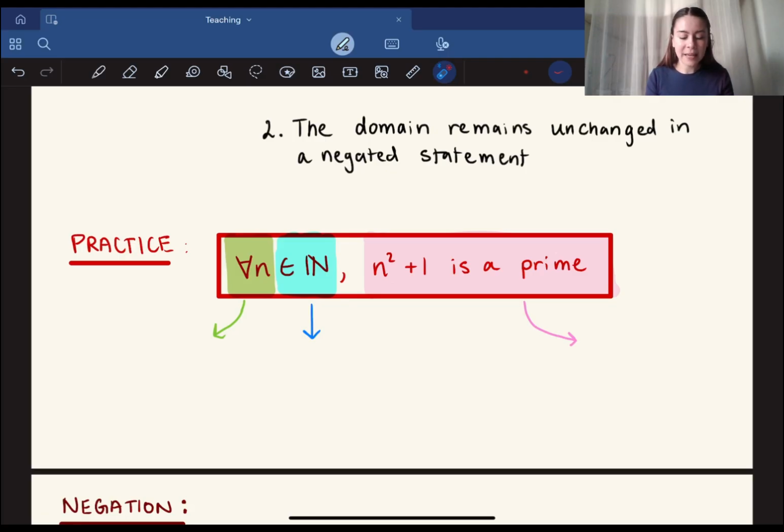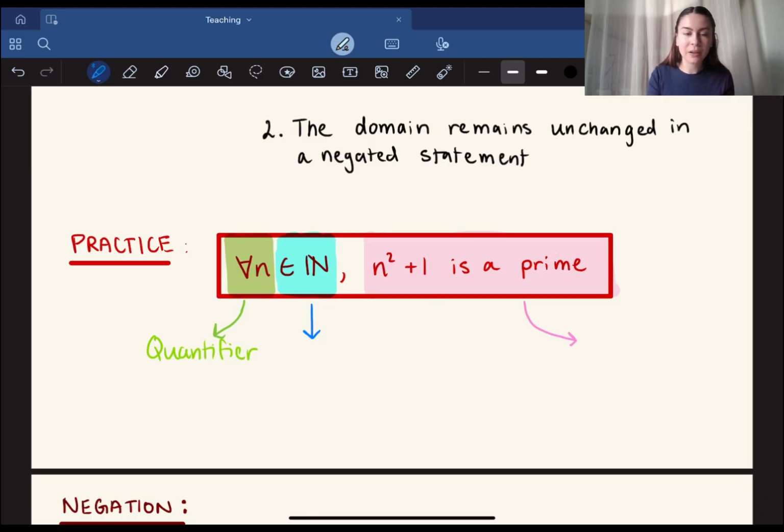So the statement is saying for all natural numbers n squared plus 1 is a prime. Now, before we talk about whether we feel like this is true or false, let's label these parts of the statement. Well, on the left here in green, we have our quantifier. In this case, it is the universal quantifier, but it could also be the existential quantifier. That is our quantifier. It's saying for all n.